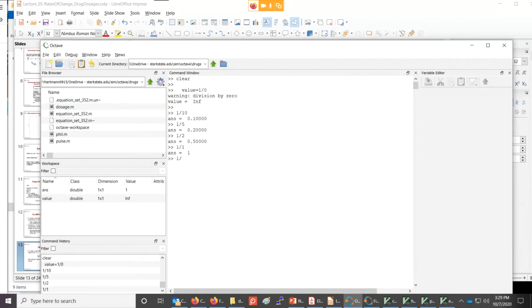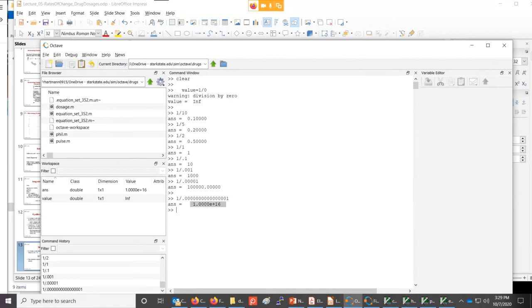If you take 1 divided by 0.1, it grows. So you see how this is growing? So if we divide by 0.001, I get 1,000. If I divide by 0.0001, I get 10,000. And the number is growing and growing. So as I divide by a smaller number, I get a bigger number.